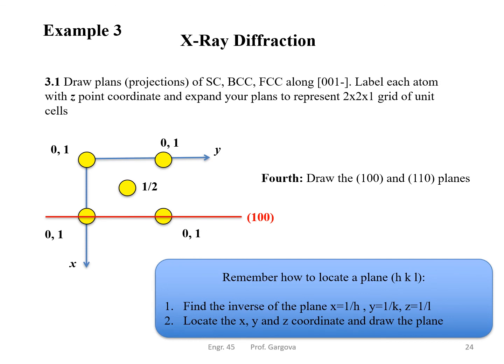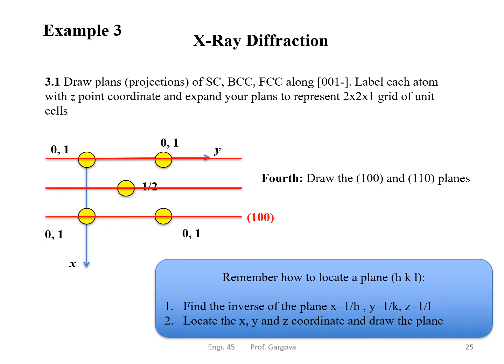We see that it is 1 over in the X direction, similar to that of the simple cubic. But unlike simple cubic, the family of planes for the 1, 0, 0 also includes this plane at the 2, 0, 0, and obviously there's a plane at the 0, 0, 0.